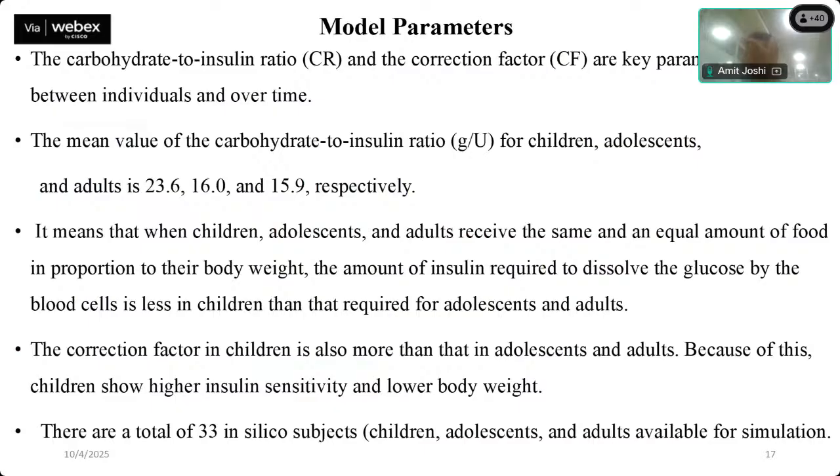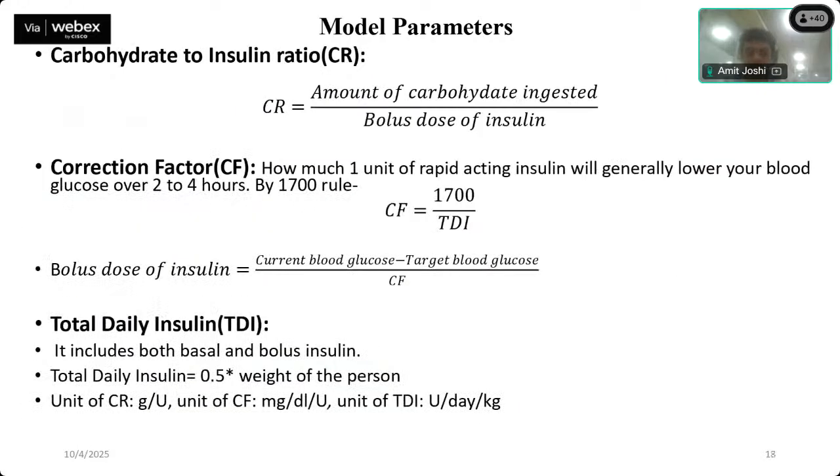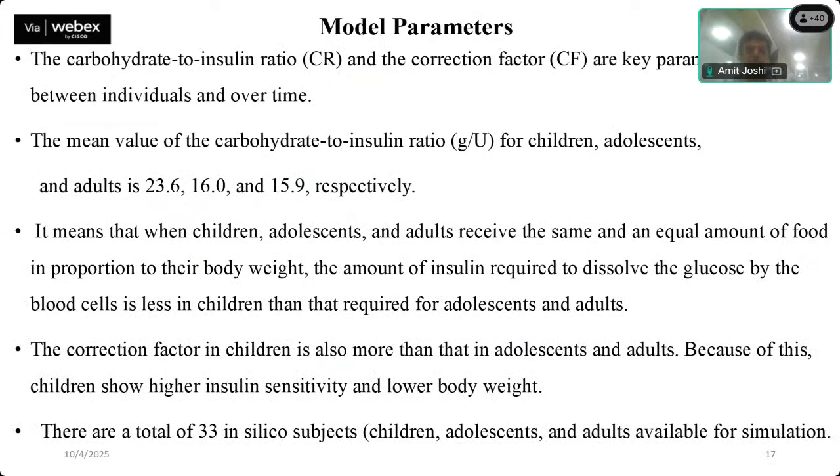We are going to see the formula to calculate this carbohydrate to insulin ratio and the correction factor. These two are the key parameters that will vary between individuals over a period of time. The mean value of the carbohydrate to insulin ratio for children, adolescents, and adults is different. If you observe, for the children, your CR ratio is higher.